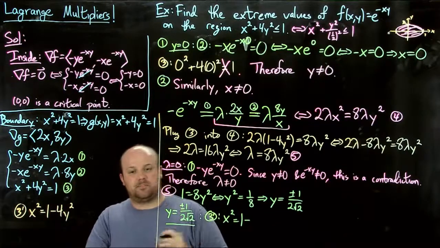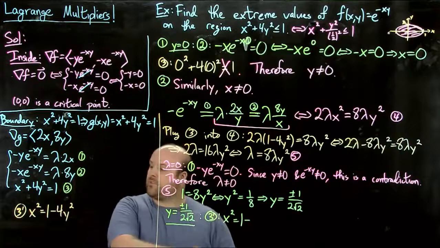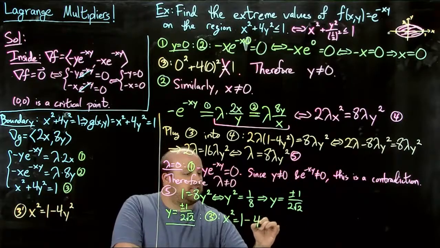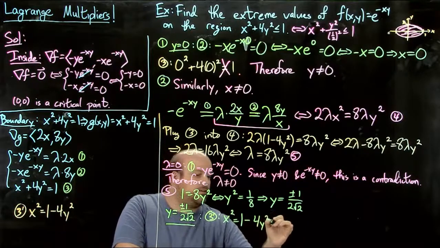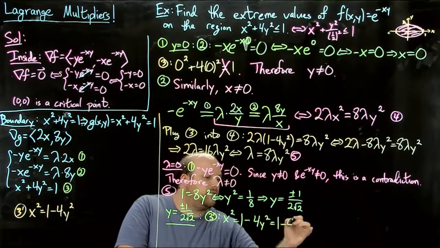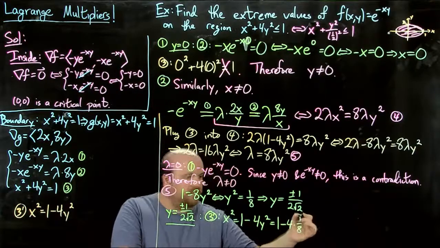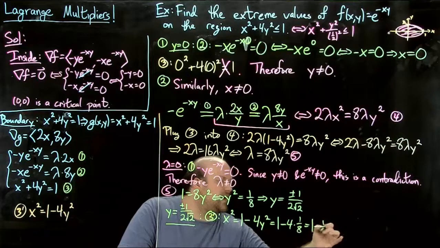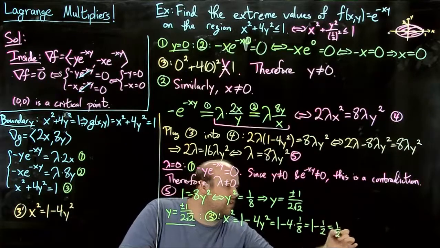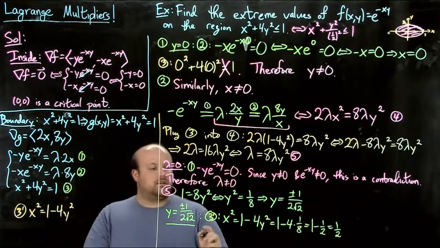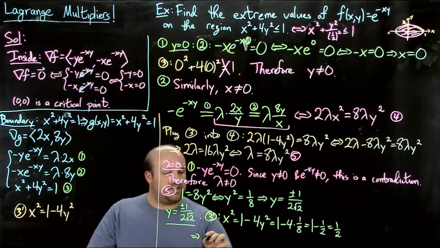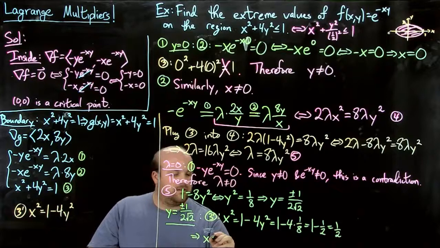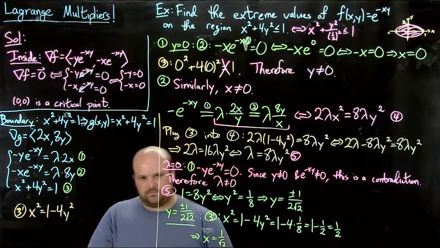So we can just put the plus minus back. 1 minus 4y squared, which is 1 minus 4 times 1 over 8. So 1 minus a half, which is a half. So that tells us that x squared is a half, so x is 1 over root 2.